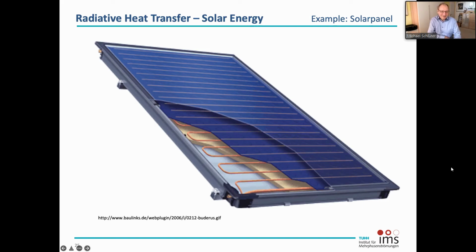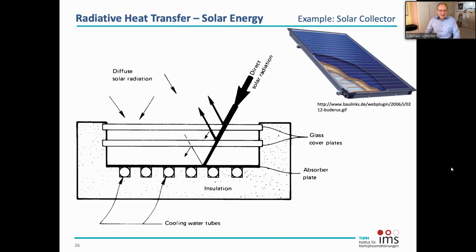At the back we have the isolating layer. You know how to calculate heat transfer and heat loss through different layers. So at the end you should be able to design such a system more or less precisely and to optimize it. And that's what we have discussed. So we have exactly the same situation.